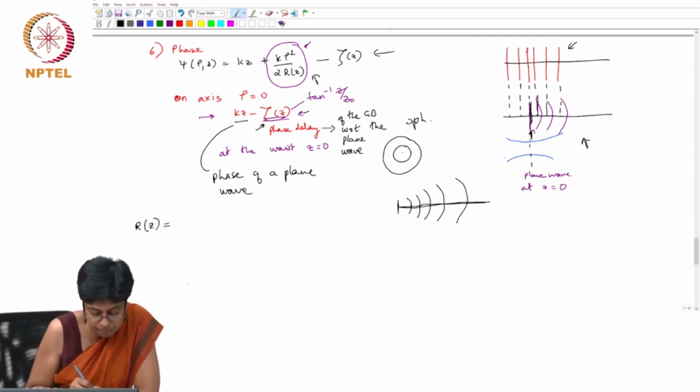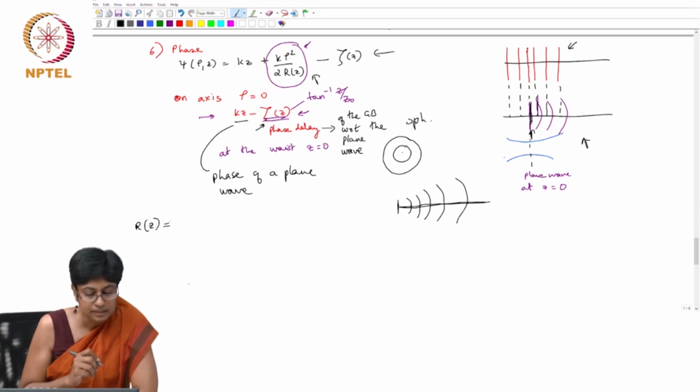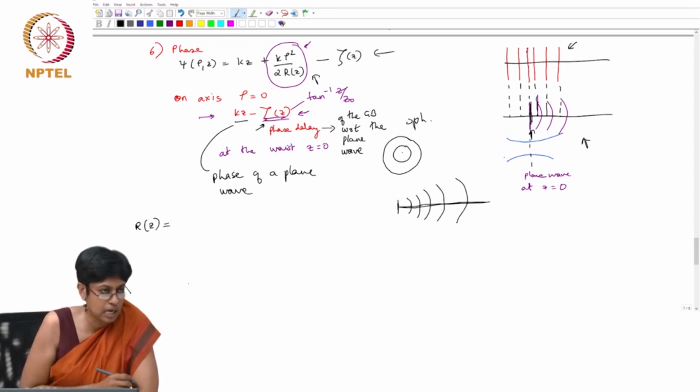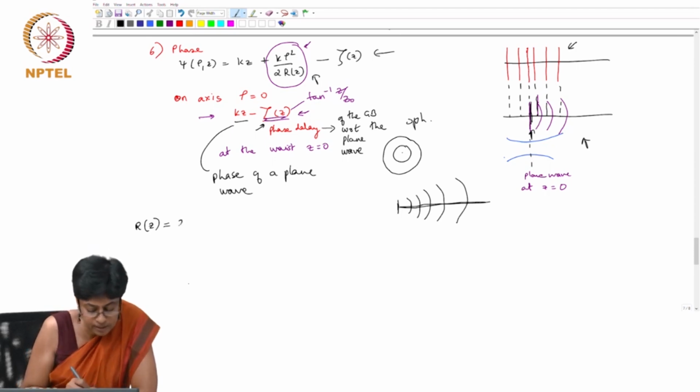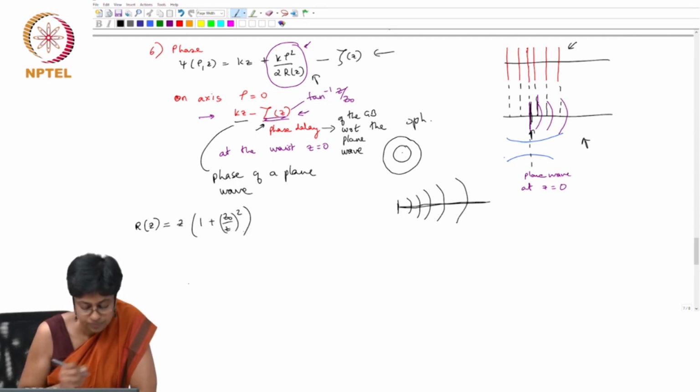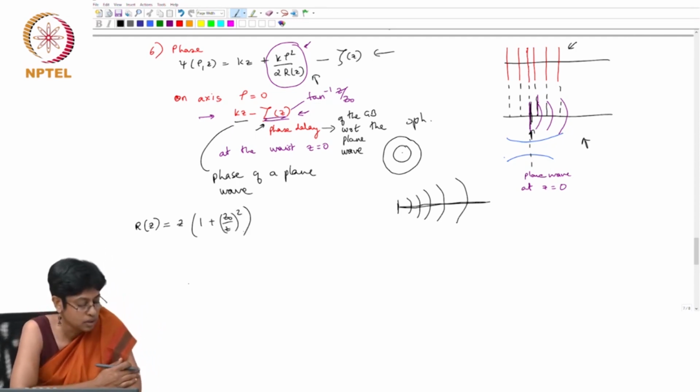I don't know if you remember, but we had written this out. We have this capital R of z that appears in the phase term, and I had defined it as z into 1 plus z naught by z the whole square. Okay. So let's look at this expression.